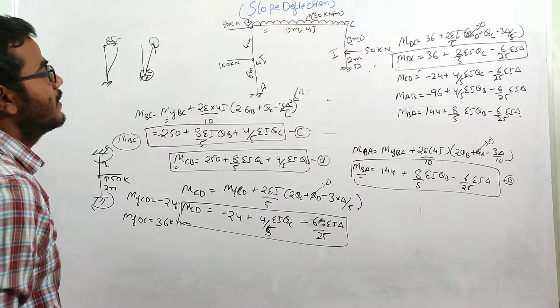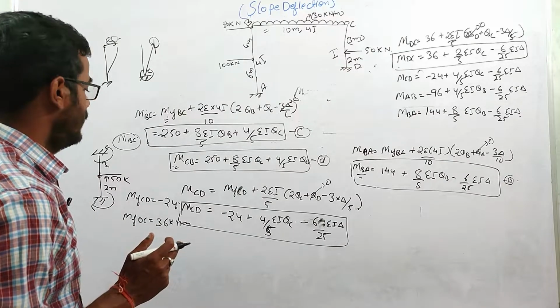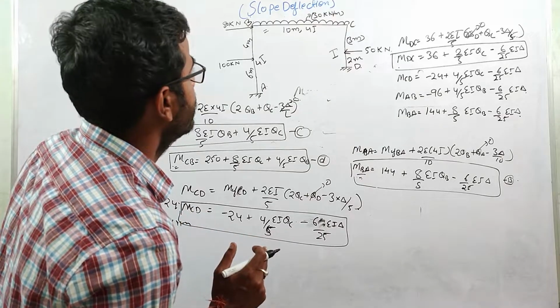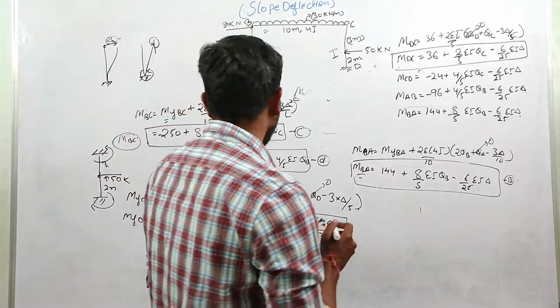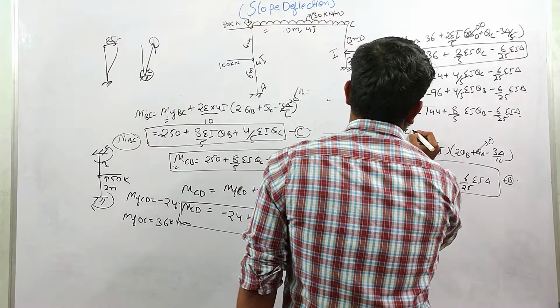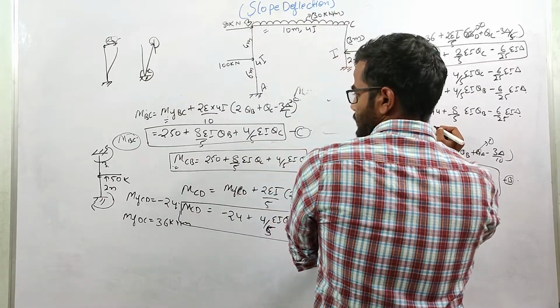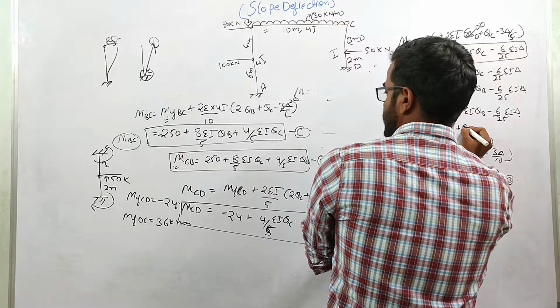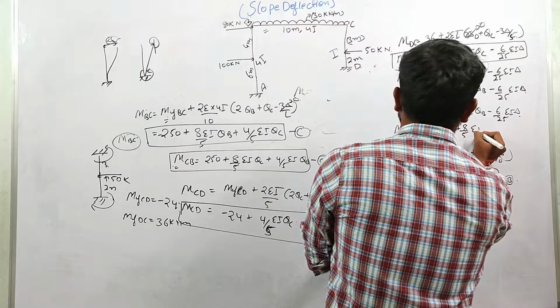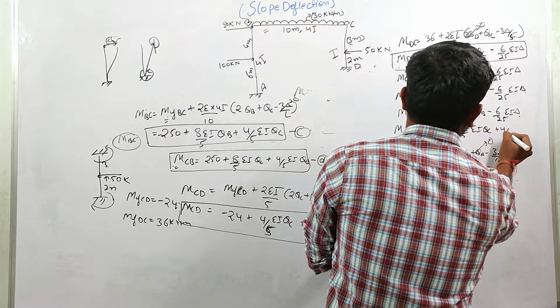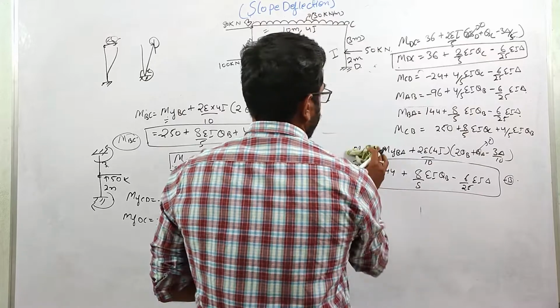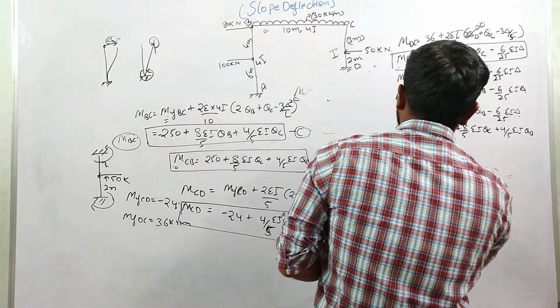Now what is remaining? MDC and MCD are complete. MCB is remaining. So MCB we can write as 250 plus 8 by 5 EI theta C plus 4 by 5 EI theta B. So this is the value of MCB.